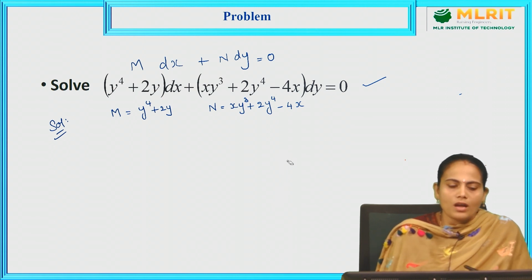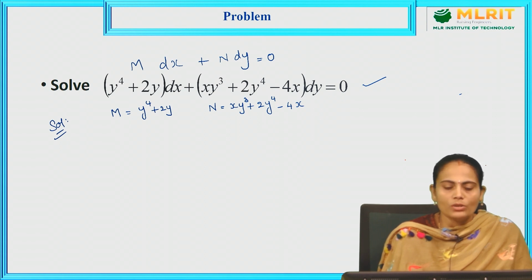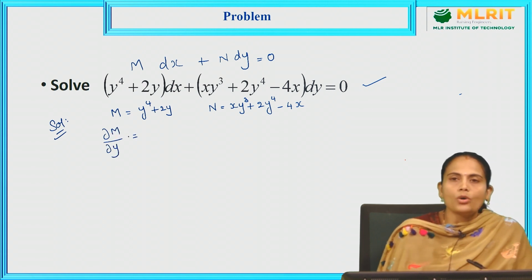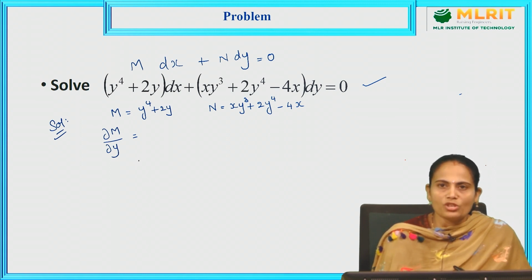Now we have to find the ∂M/∂y value and ∂N/∂x. How can we get the ∂M/∂y value? We have to differentiate partially with respect to y by taking x as a constant.